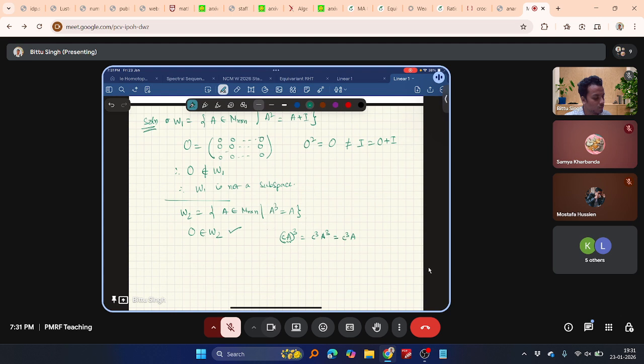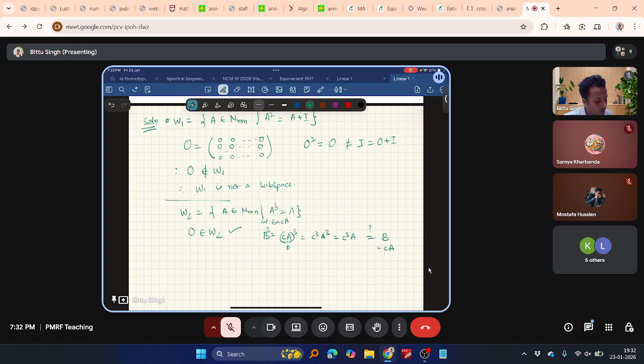So our vector is V. Let B equal to CA, and we are taking BQ. So we should get B, right? But B is the same as C times A. So is it the same? CA is the same as C cube A. This is not true, right?